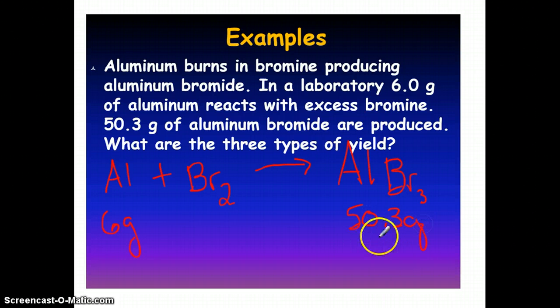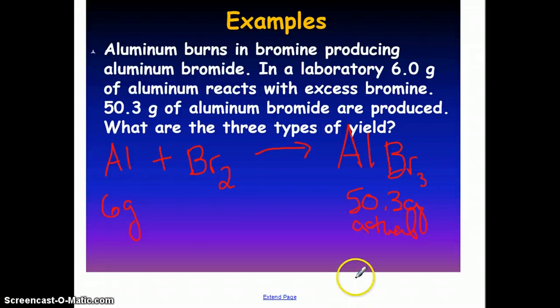So this will be your actual yield right here. This is what we got when we did it in lab. Now we want the other two types of yield, which are our theoretical and our percent.